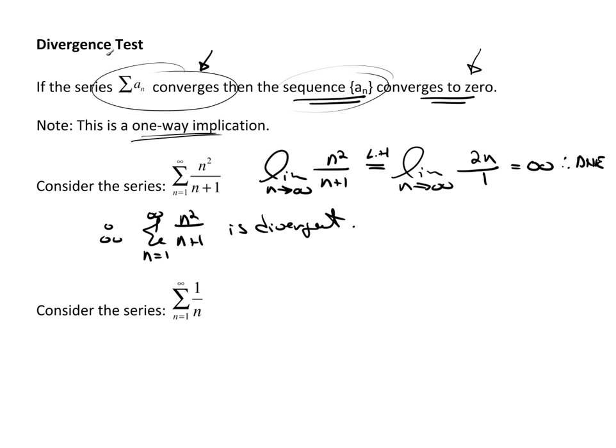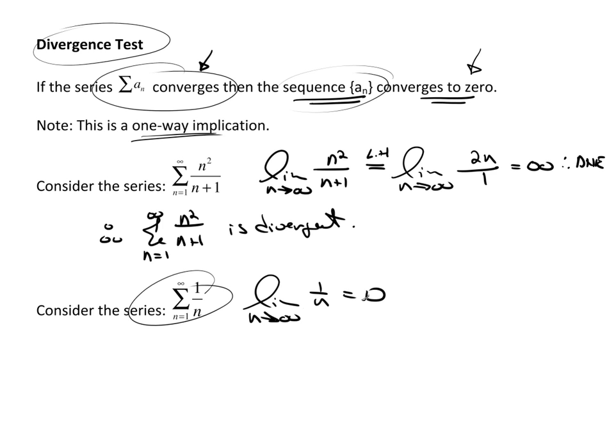I guess we could say by the divergence test. Let's take a look at this series, the sum n equals 1 to infinity of 1 over n. Again, I'm going to take a look at the limit as n goes to infinity of 1 over n. That equals 0. Well, I don't know if this converges or not by this test.